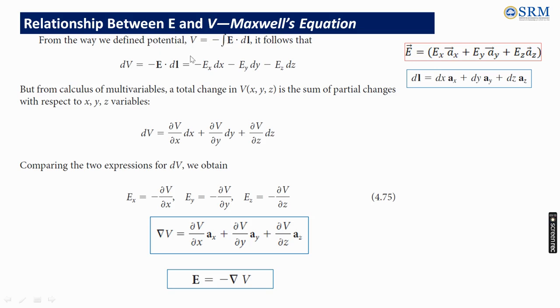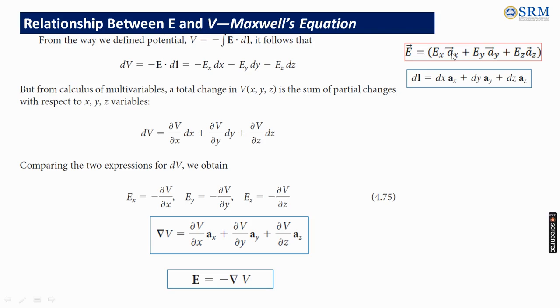For that, if I take the differential, the integral goes off: minus E dot dl. If I dot product these two vectors, with the negative sign already there, I will get minus Ex dx minus Ey dy minus Ez dz.